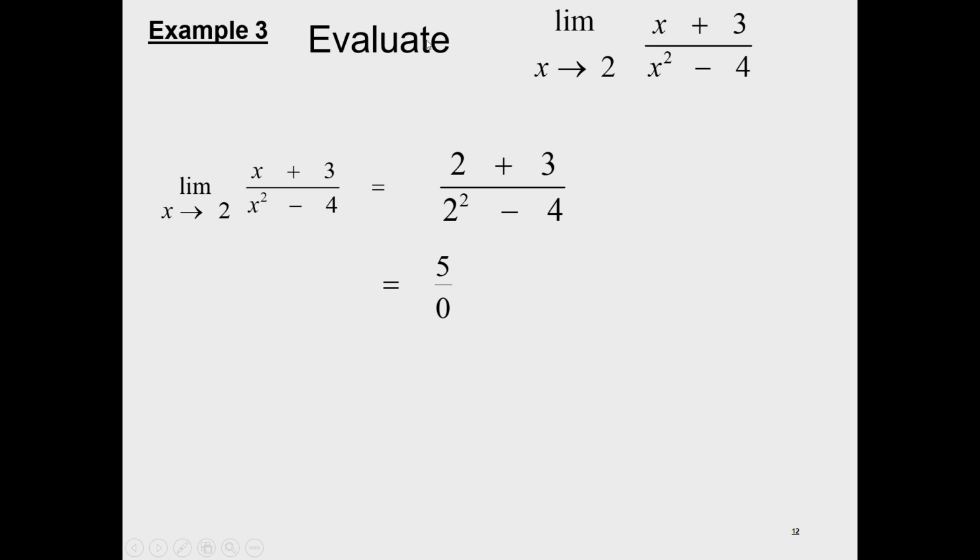In any case, when you are evaluating a limit, the first thing you need to do is direct substitution. You need to put the x value that it approaches into the function itself. So here x approaches 2, so you need to put 2 in place of x here, and 2 in place of x here.